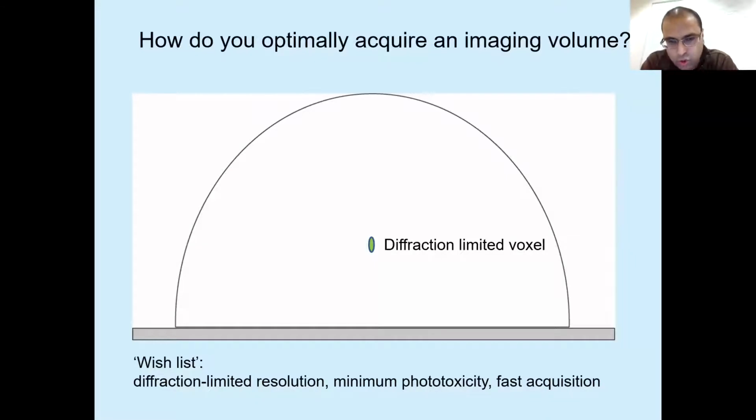So you don't destroy the thing you're imaging. And then you'd like to image as fast as you need to, certainly fast enough to capture the underlying biology without motion blur. And of course, no fluorescent microscopy technique achieves all of these things all the time, but light sheet microscopy can come close some of the time.